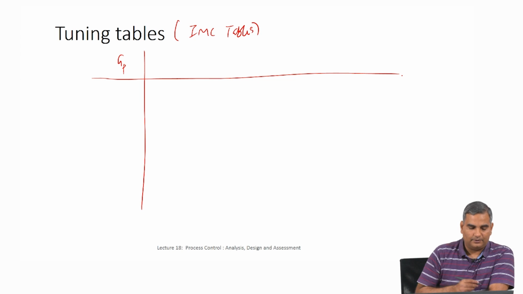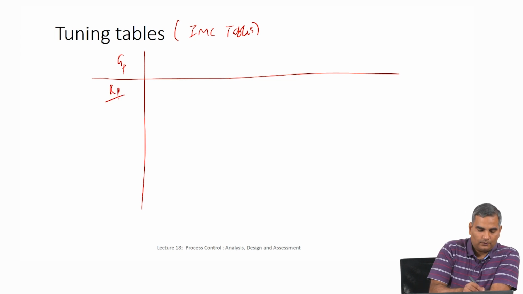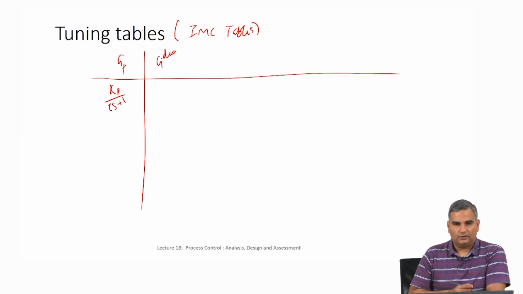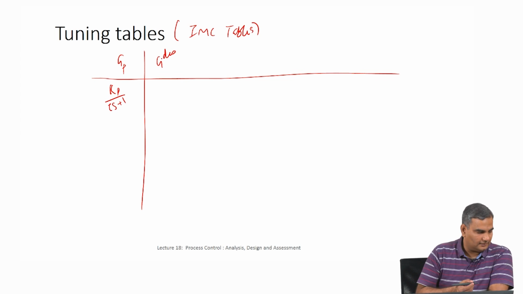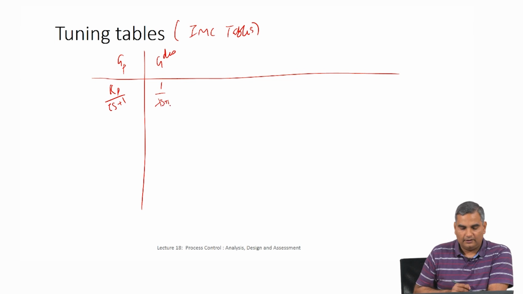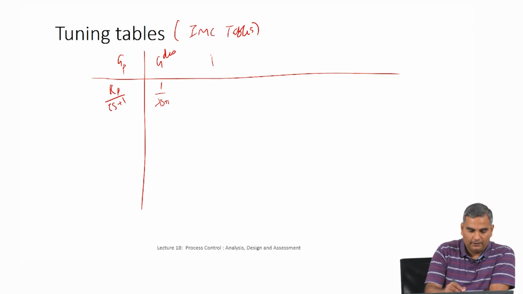So, for example, let us say this is Kp over tau s plus 1, and then because this is based on direct synthesis, you also have to give a G desired. Okay. So, let us say the G desired in this case is 1 over lambda s plus 1, then you could have the P controller term, the PI term, the PID term, and so on.